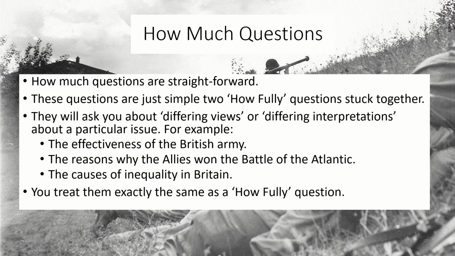But you treat them exactly as a how fully question, although they use that kind of fancier language. It's just two how fully questions put together, and the kind of fancy language is just a way of acknowledging the fact that the two sources tend to disagree on quite a few key points.